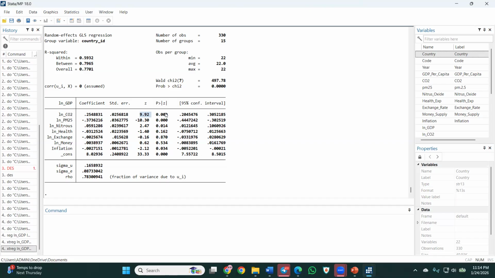You see that for CO2, the confidence interval goes from 0.2045476 to 0.305218. When you are counting from 0.20 to 0.30, there is no 0 in between.